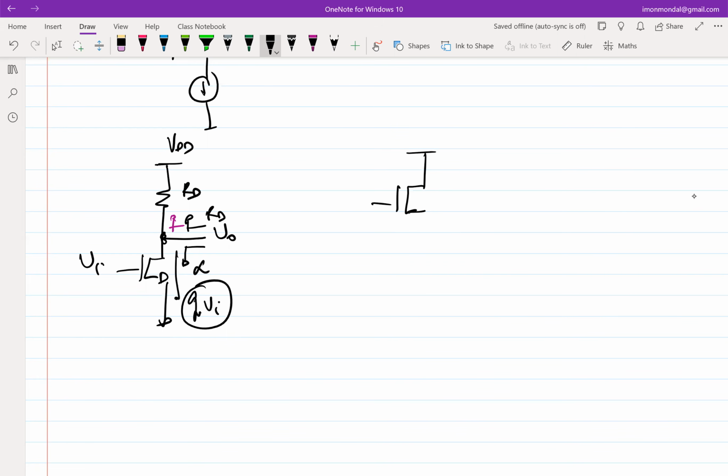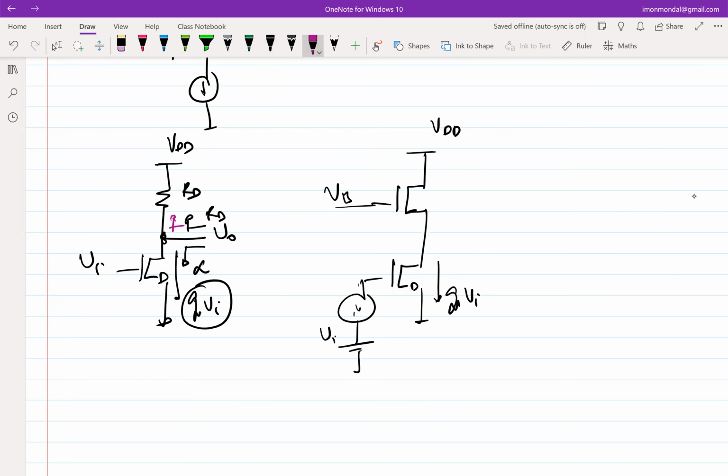The decision on whether one terminal is drain or source depends upon which side is at higher voltage, right? So if I do this, for example, if this is VDD, let's say this is biased, this will be something. This is also biased, and on top of that I have applied an input. This is GMVI. But is this terminal drain or source?